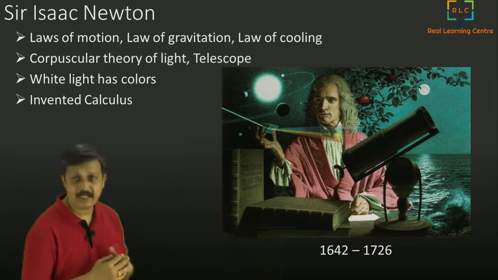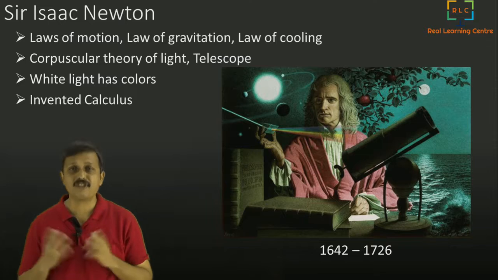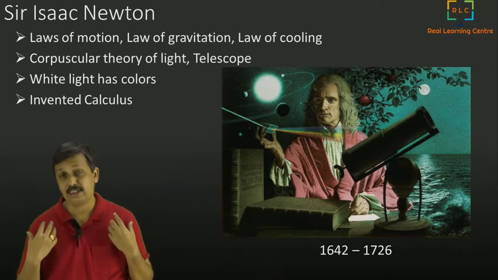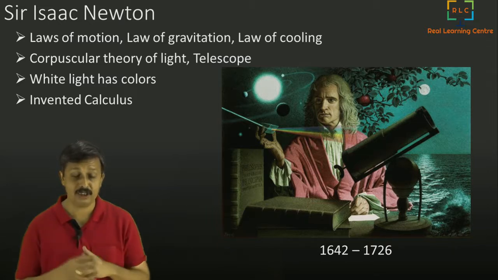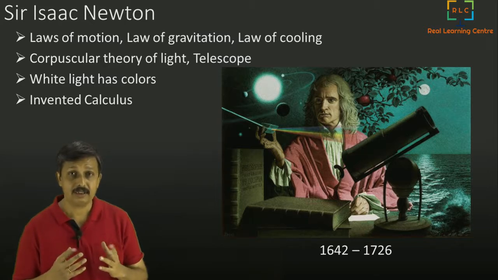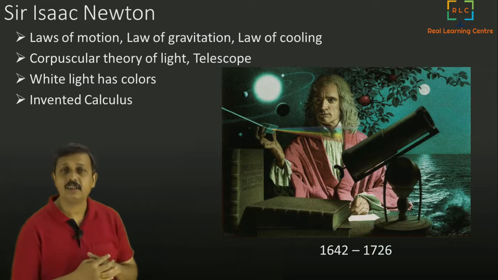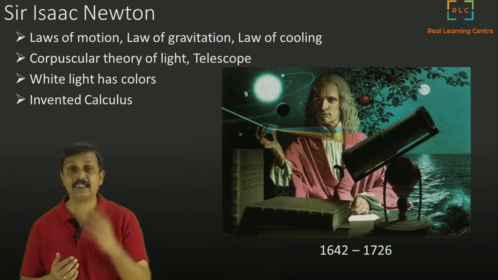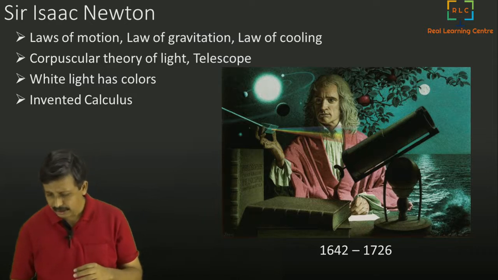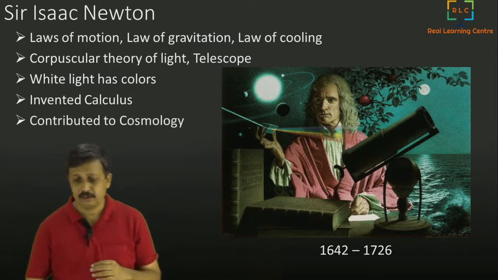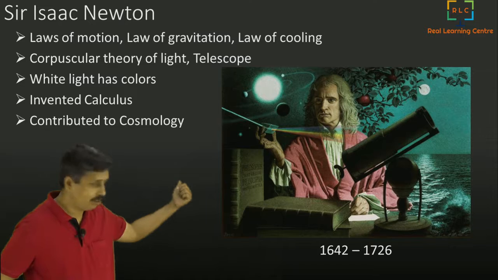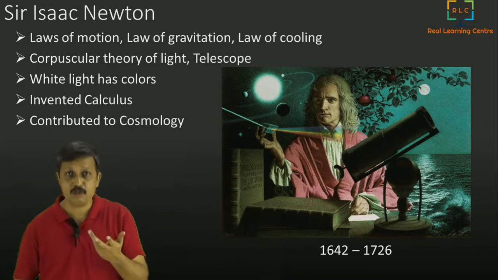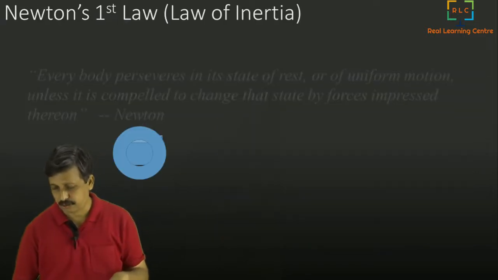That is the great Newton. In fact, even Einstein, the greatest 20th century scientist, kept Newton's photo in his office. He is such a great scientist. Cosmology is another area he worked on, and he contributed a lot there.